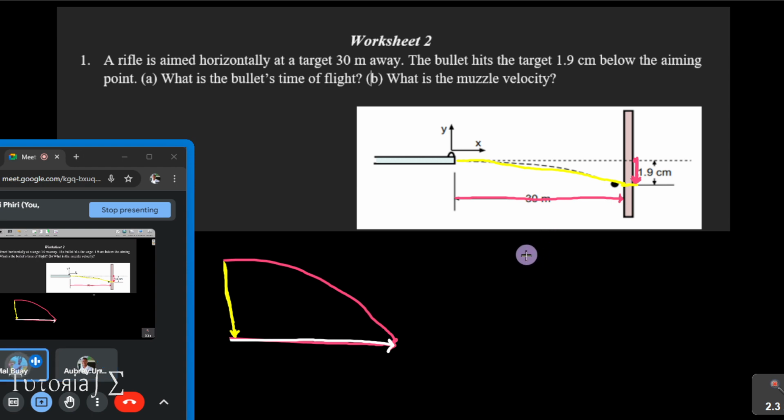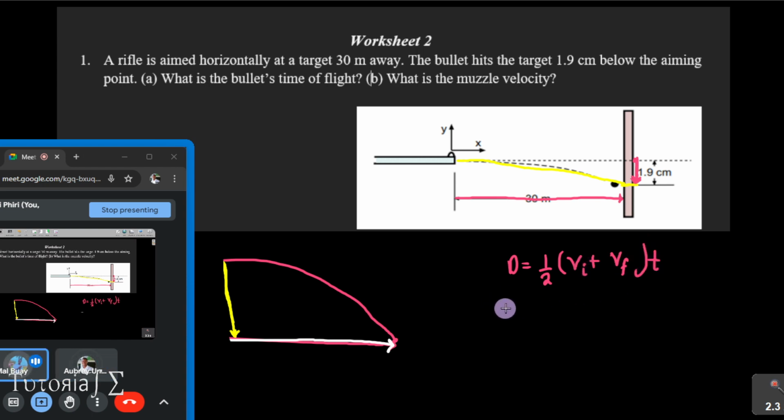For distance, it is d equals to half open bracket V initial plus V final close bracket time.